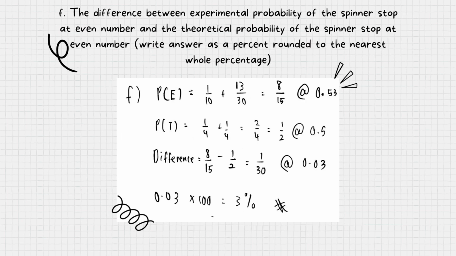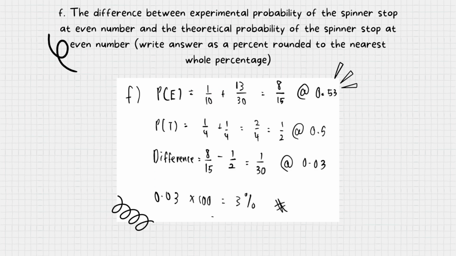Next, we need to calculate the difference between the experimental probability of the spinner stopping at an even number and the theoretical probability of the spinner stopping at an even number. We just need to use the same concept that we just did. First, we sum up the experimental probability of the spinner stopping at an even number.